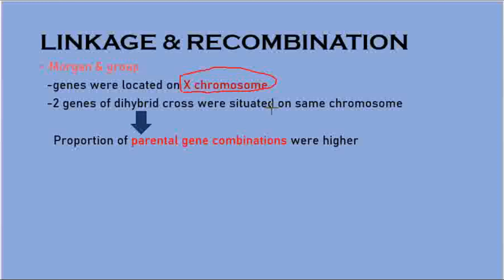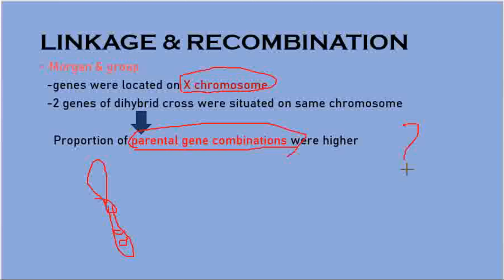The two genes of the dihybrid cross were situated on the same chromosome. If two genes are present in the same chromosome, the proportion of parental gene combinations is higher.